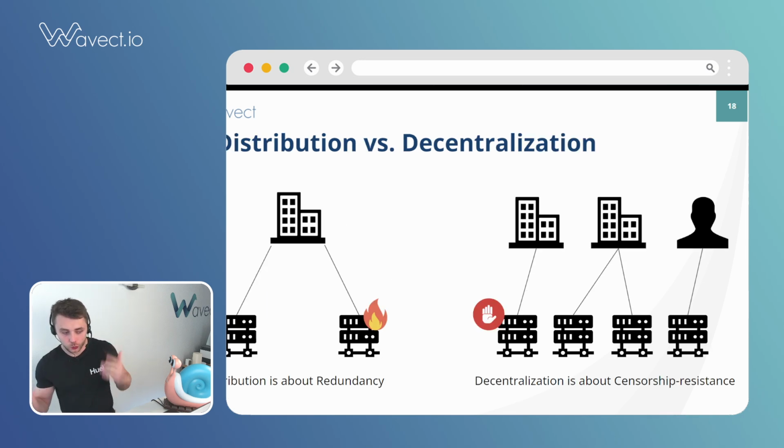So we have already talked about consensus mechanisms a little bit, like proof of stake, proof of history, proof of work, and all these other fancy terms. But what exactly does that mean? There's one major differentiation I want to make here: distribution versus decentralization.